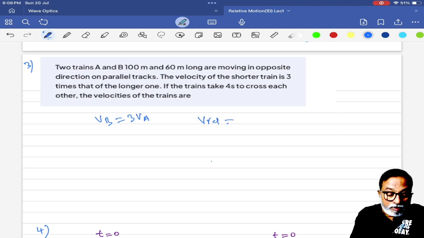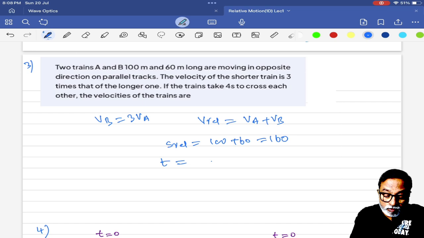V relative: the two trains are moving in opposite directions, therefore VA plus VB. And S relative is equal to 100 plus 60, that is 160. Then T is equal to S rel by V rel. T is given as 4 seconds.